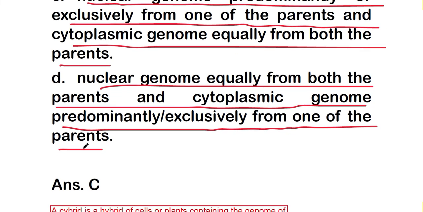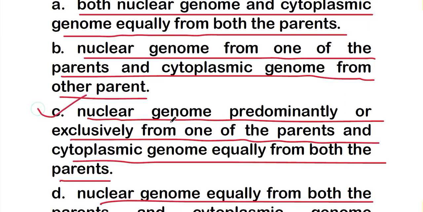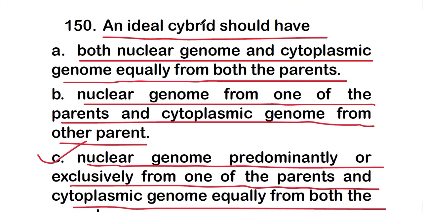So the right answer is option C, that is nuclear genome predominantly or exclusively from one of the parents and cytoplasmic genome equally from both the parents. So that is the ideal hybrid.